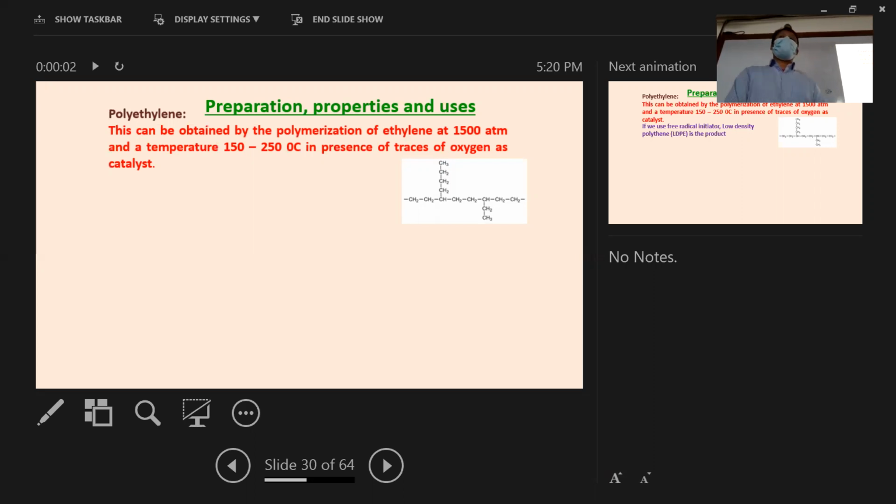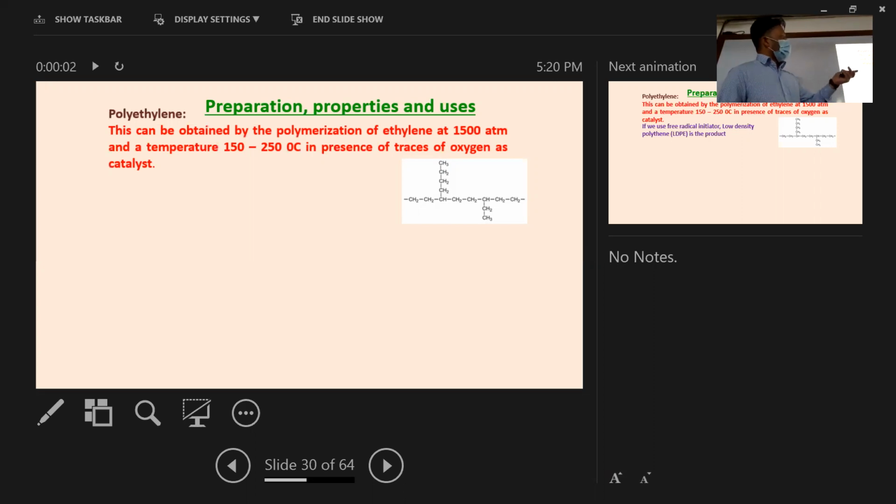So what are the reaction conditions? At very high pressure and temperature around 150 to 200. Here the pressure is very high, 1500 atmosphere. Our atmospheric pressure is 1 atmosphere. We are at 1 atmosphere, but this pressure is very high, 1500 atmosphere.